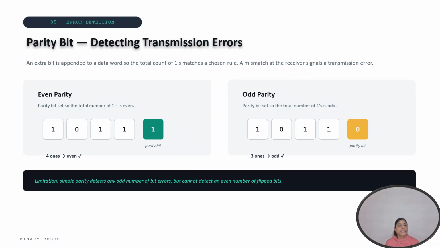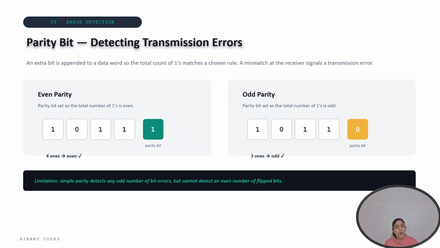The next one is error detection. Okay, right. Error detection uses a parity bit. Remember, if you want to detect any errors, you have to use a parity bit. A parity bit is an extra bit that is appended to the data word. After doing that, you have to check whether it is even parity or odd parity.